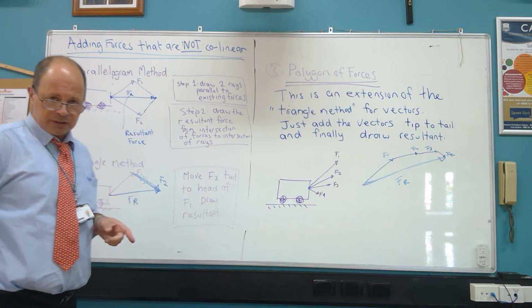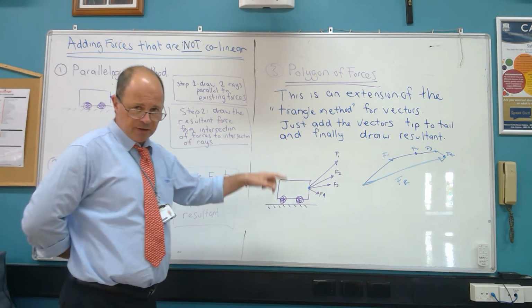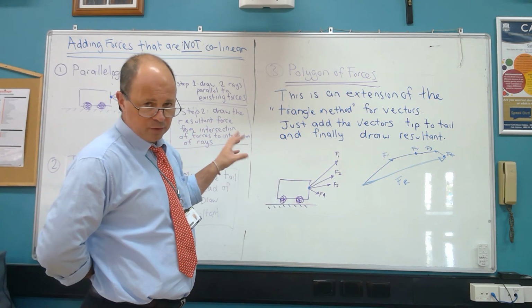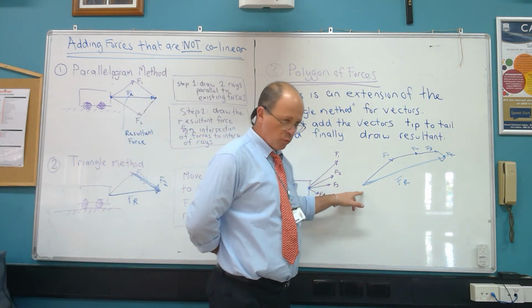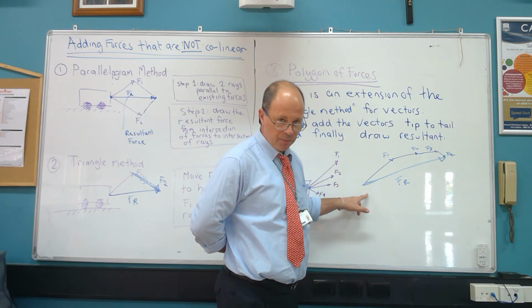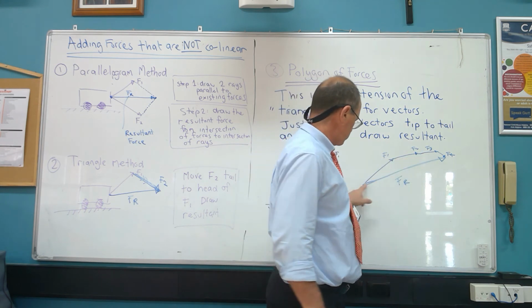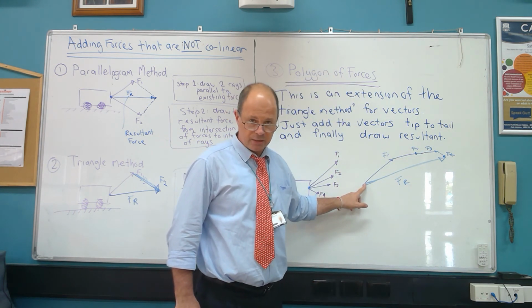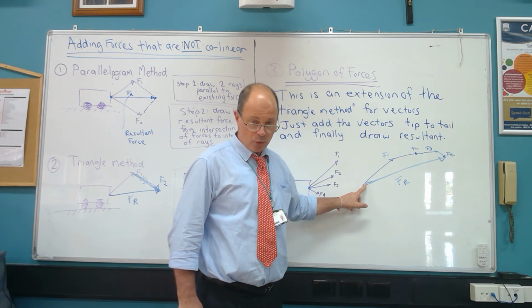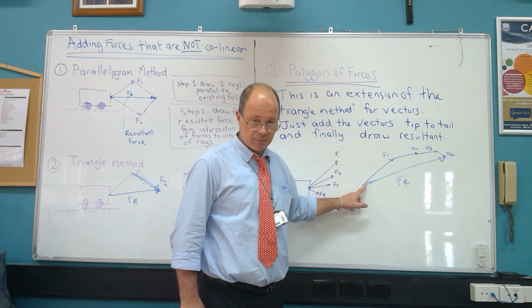Now, the interesting thing with this situation, when we find out about equilibrium later on, is that if all the forces cancel, that polygon will be closed. In other words, you won't be able to get a resultant because the final force will come back to the point of origin. If the polygon or triangle is closed when we add all of the forces together, it means that we have a situation that's in equilibrium.